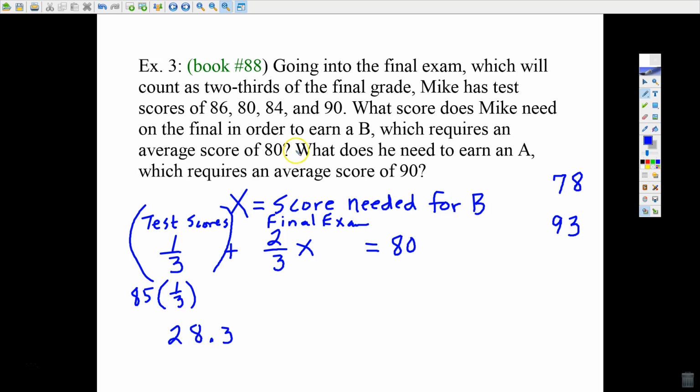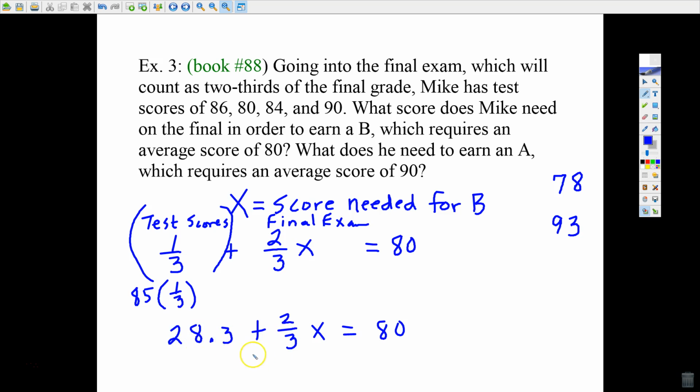Okay, so the average of these test scores, 1/3 of that average comes up to 28.3, and now we need to come up with what that final exam score needs to be, which represents the other 2/3. So you probably can see what to do here.